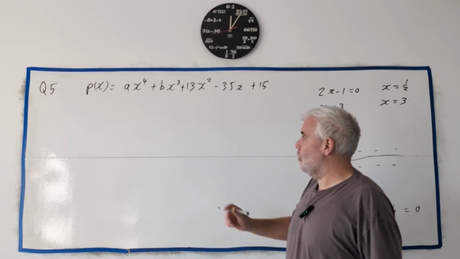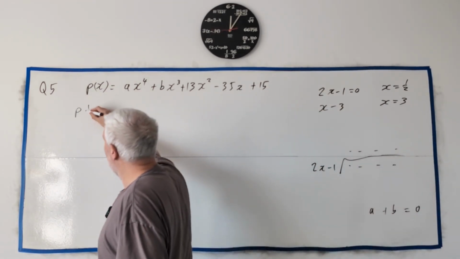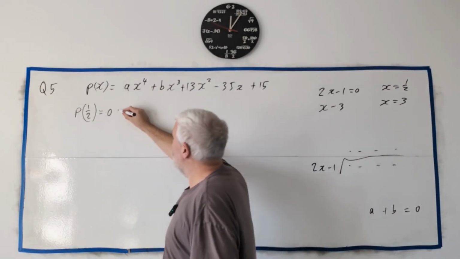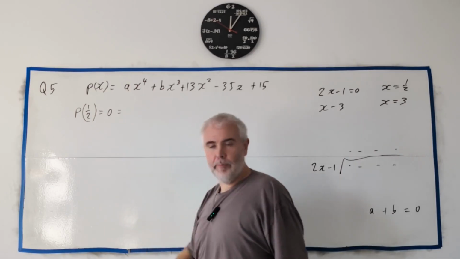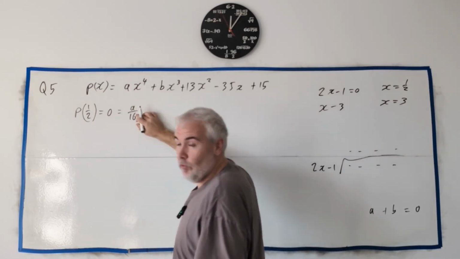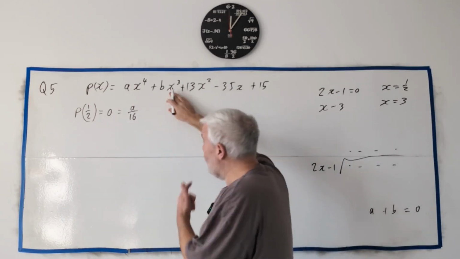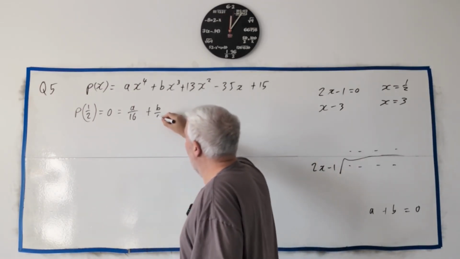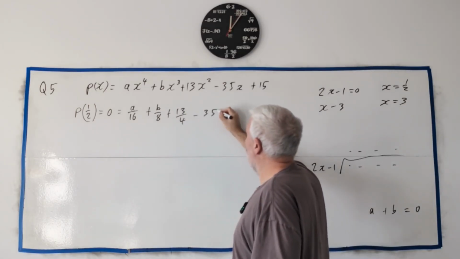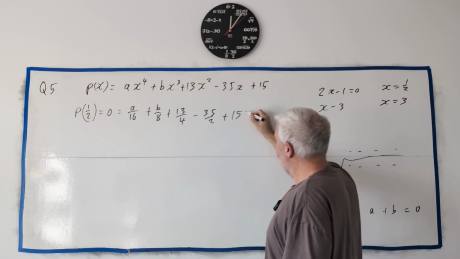What that allows us to do is put in P of a half and know we're going to get 0 out of this. So if we put in a half here, half to the power of 4 is 1 over 16. A times 1 over 16, A over 16. Put a half in for each of these. We get B over 8, 13 over 4, minus 35 over 2, plus 15.